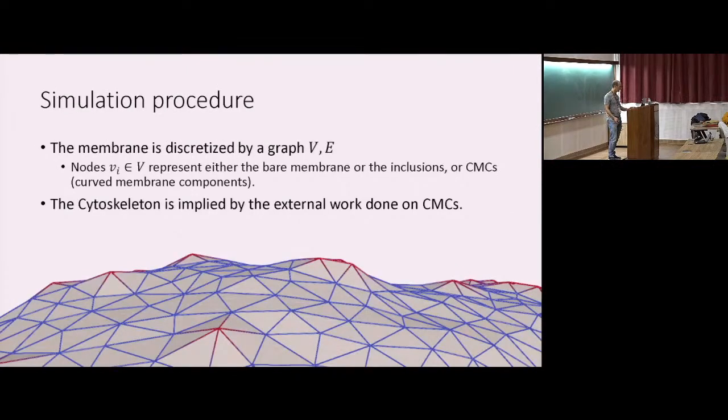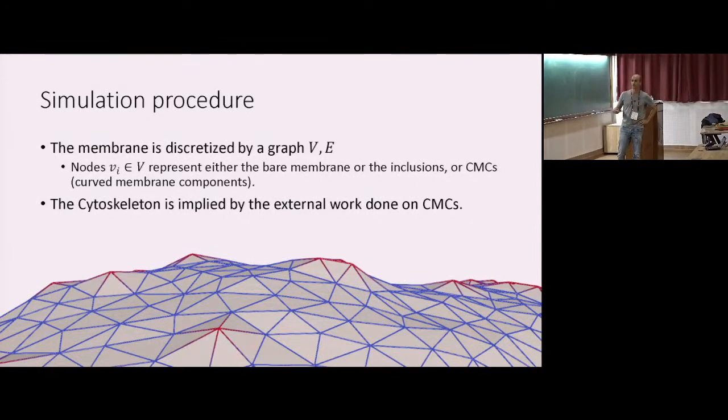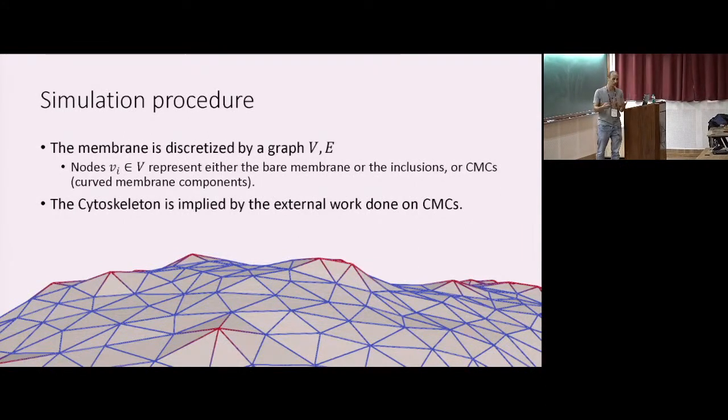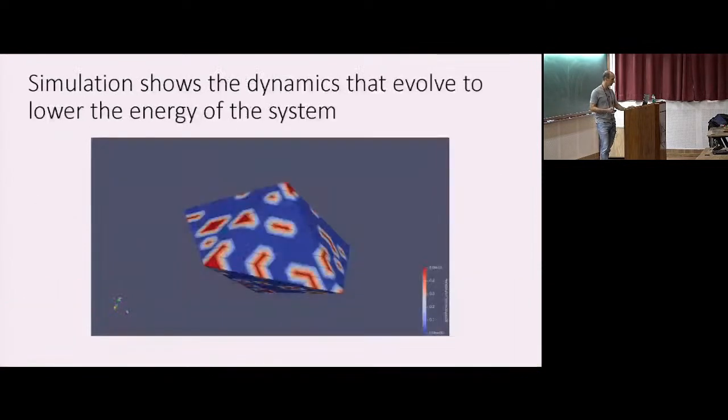So how do we simulate that? I will not go into too much of the details, but in essence, you roll the dice and you see if the next Monte Carlo move is accepted or not accepted by the Boltzmann factor probability.